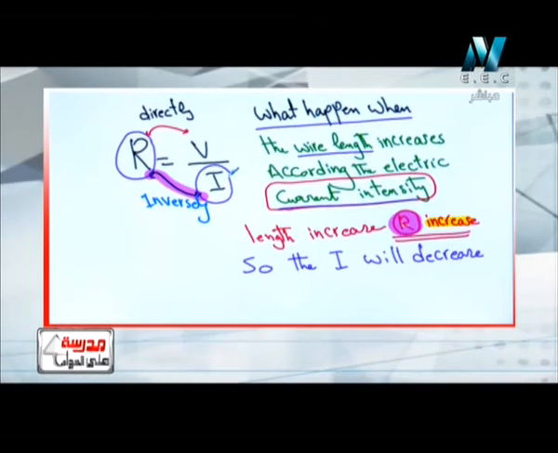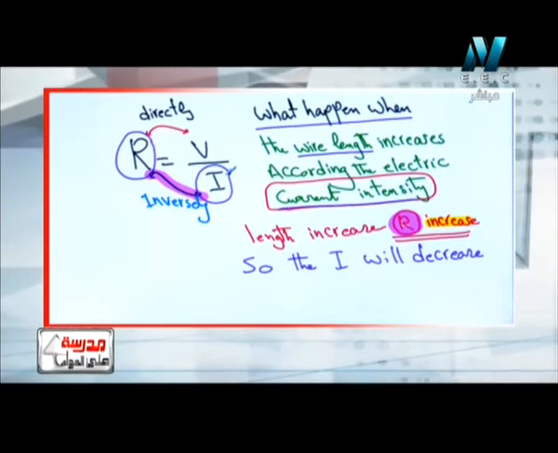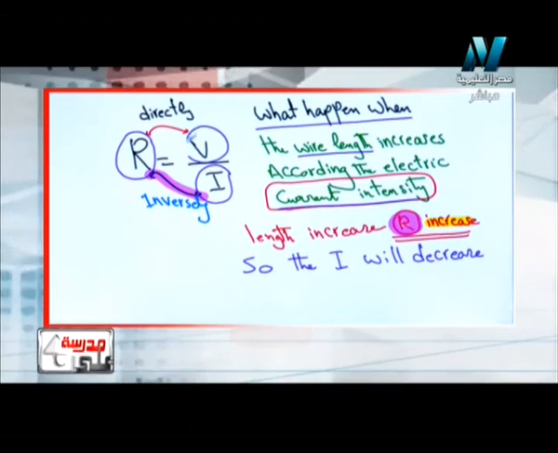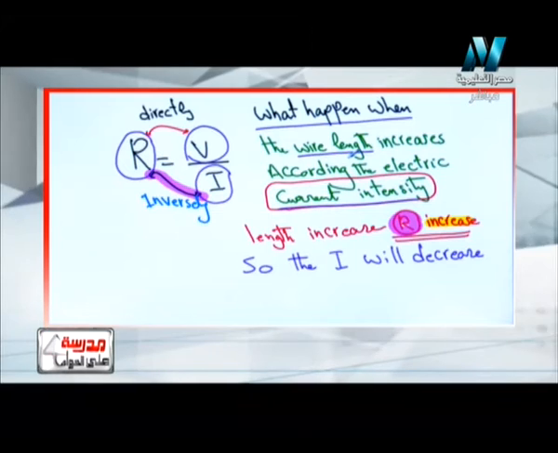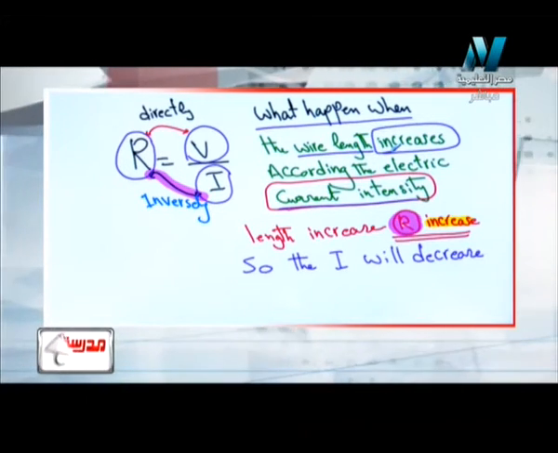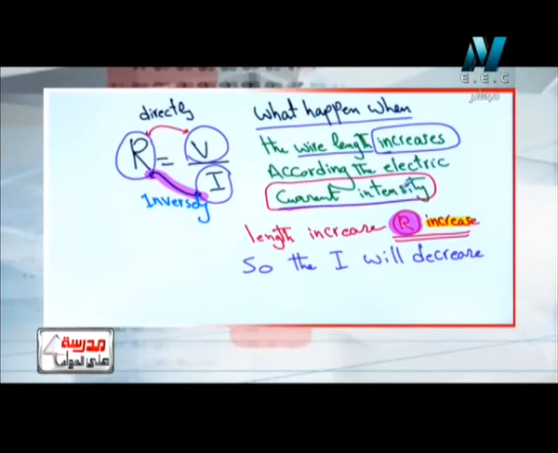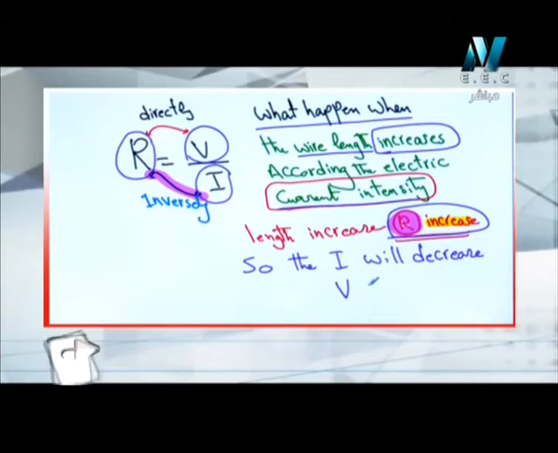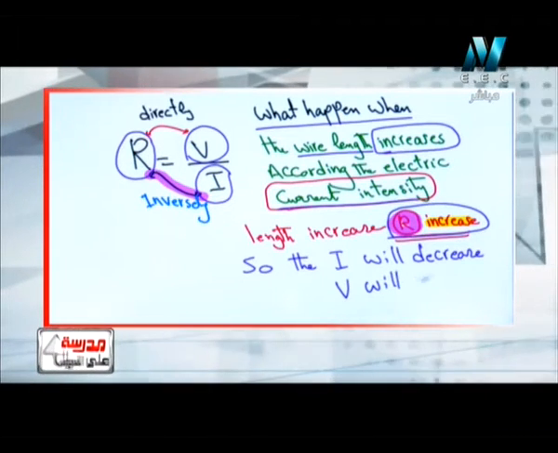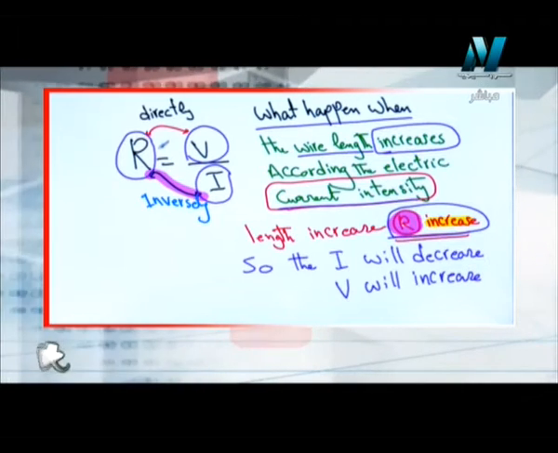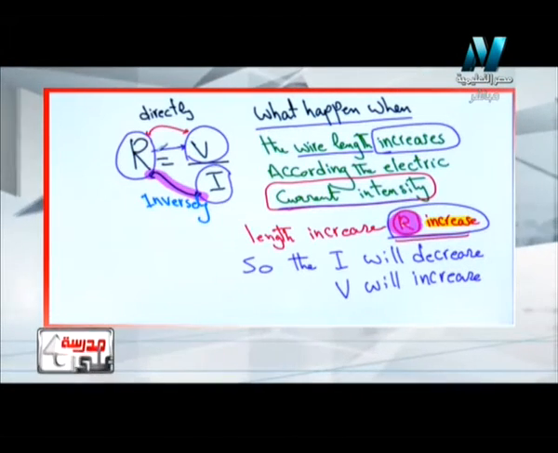But if the question asked me about the relation with potential difference, I tell him if the wire length increases, the electric resistance will increase, and the potential difference will increase.